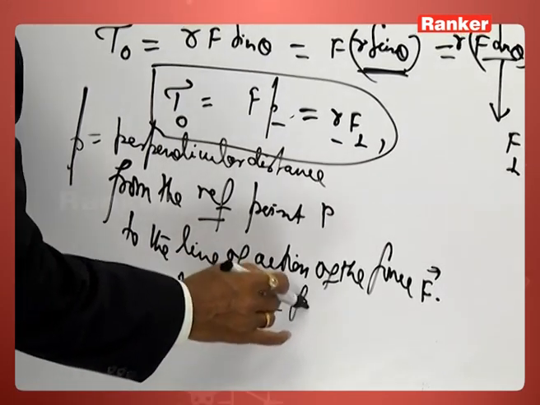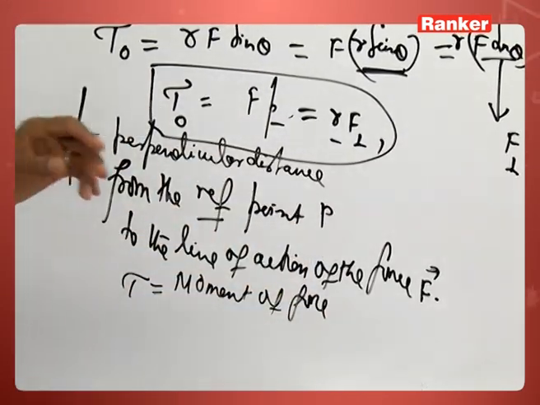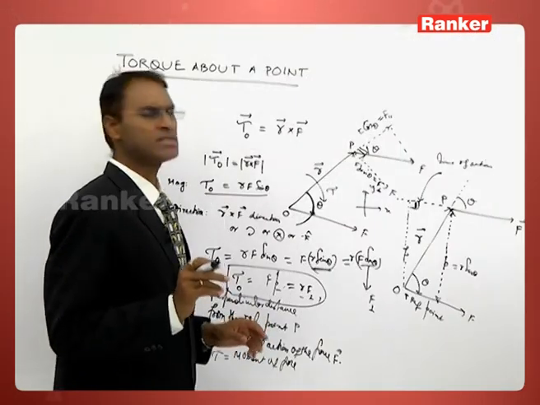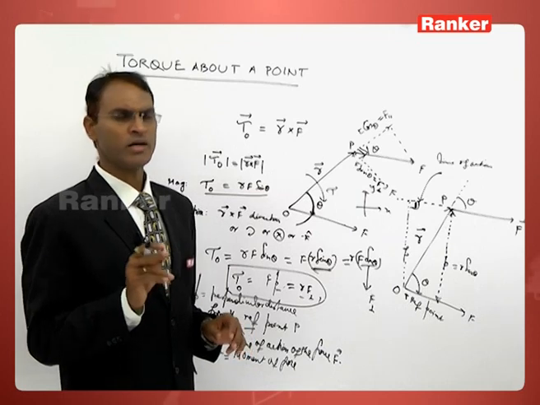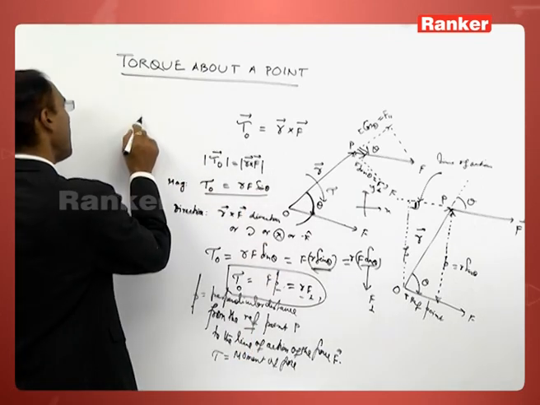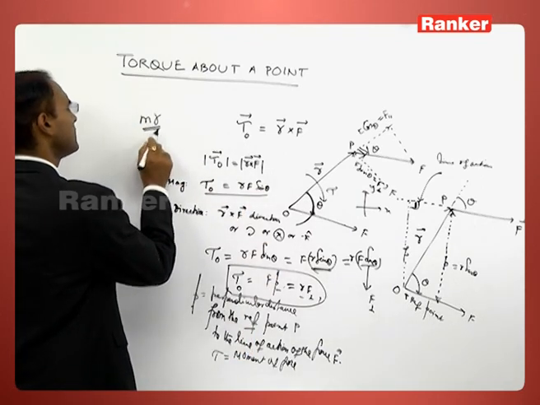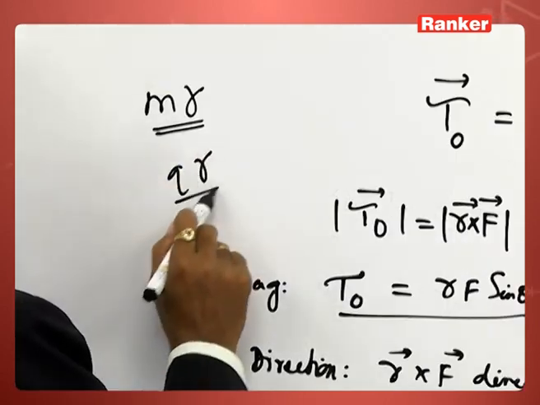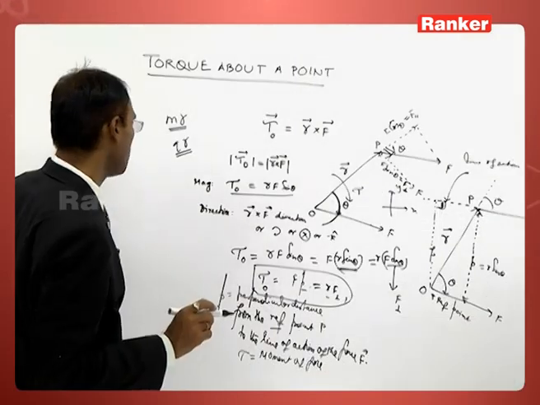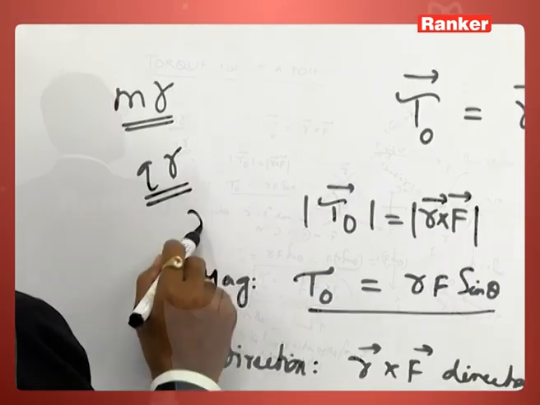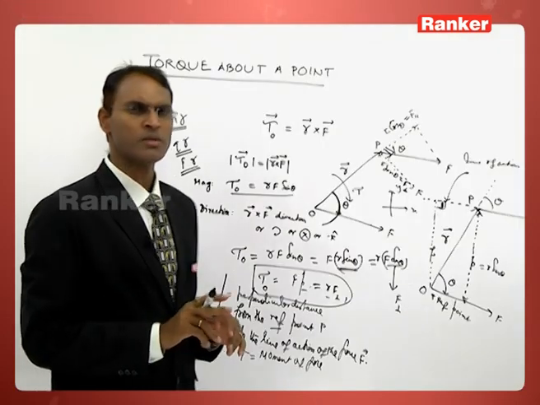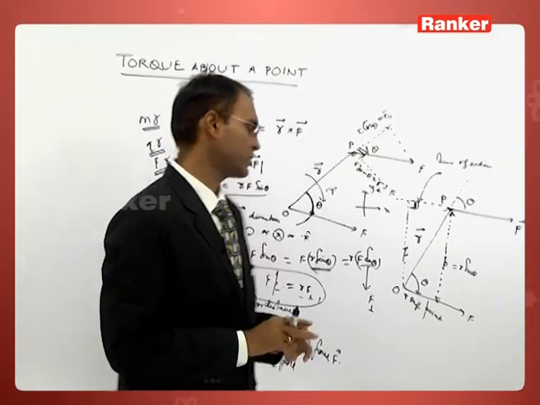Anything multiplied with a distance can be called the moment of that thing. When you multiply the mass with the distance, it is the moment of mass. When you multiply the charge with distance, it is the moment of charge. Similarly, when you multiply the distance with the force, this is the moment of force. So, torque can also be called moment of force.